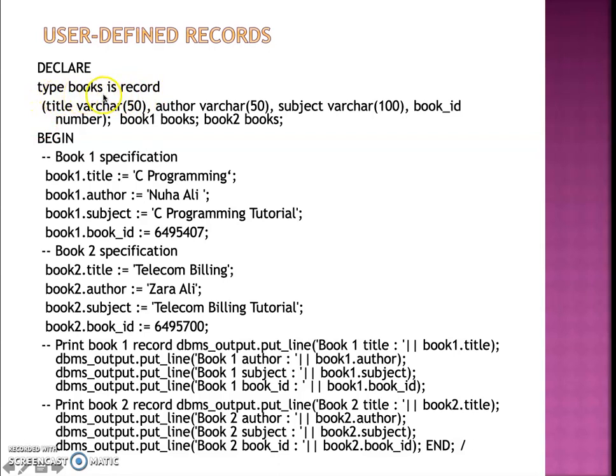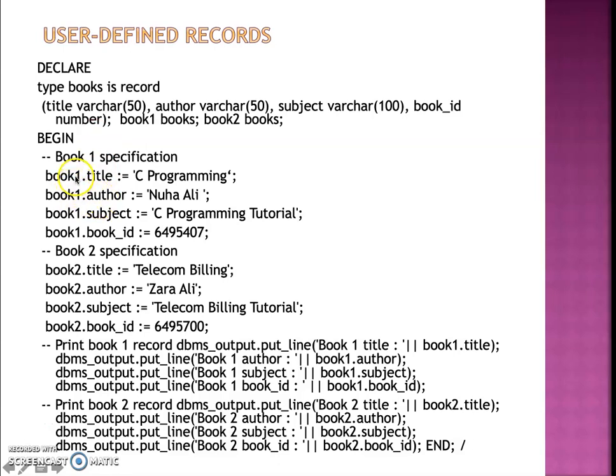TYPE books means you have created a user-defined record called books, and books have various attributes, like fields like title, author, subject, etc. This has two objects which have been created, book 1 and book 2. These are the two objects of the record type book.